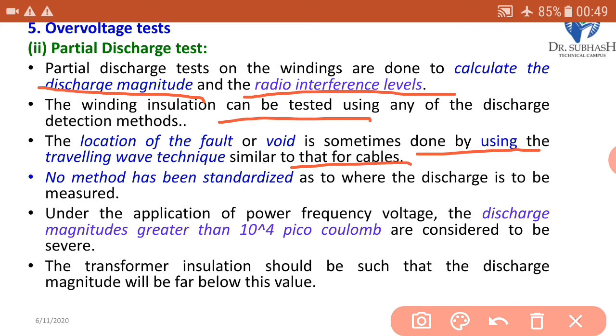No method has been standardized as to where the discharge is to be measured. Under the application of power frequency voltage, discharge magnitudes greater than 10 to the power 4 picocoulomb are considered to be severe. The transformer insulation should be such that the discharge magnitude will be far below this value. So this is the procedure for the partial discharge test.